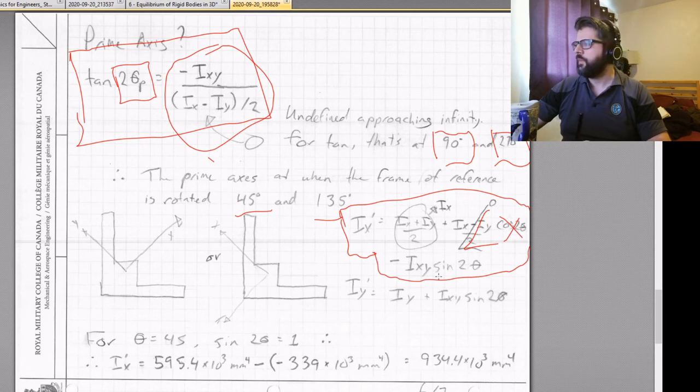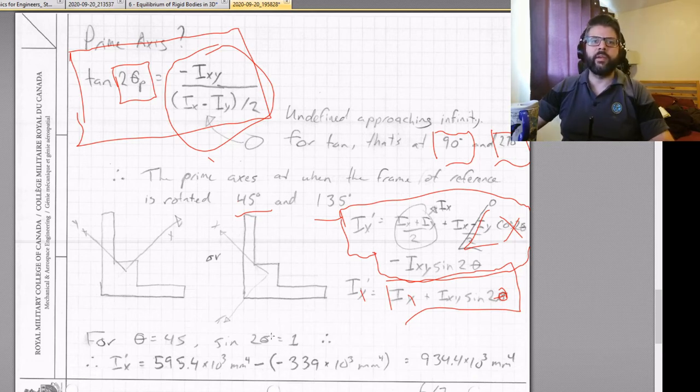We're left with Ix' equal to Ix plus Ixy sine 2 theta. For a 45-degree rotation, 2 theta is 90 degrees.